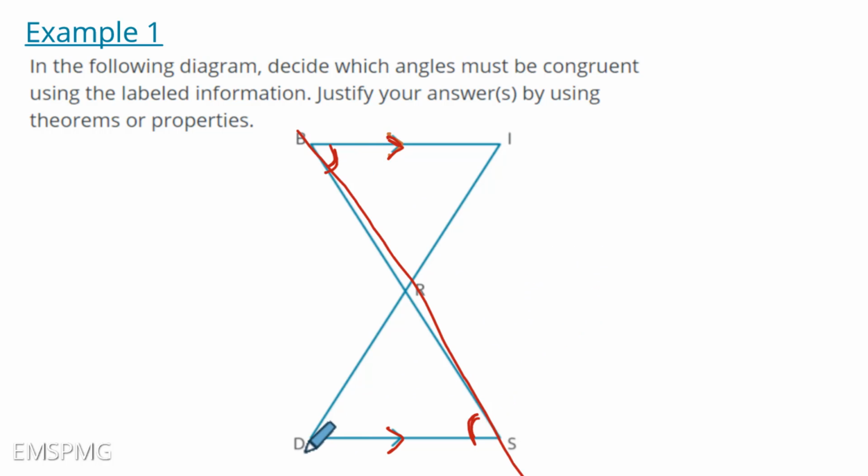And we have another transversal line slicing through here, so we know this angle is congruent to this angle. And then one last one I want to throw at you. We have crisscrossing lines like this. Then this angle is congruent to this angle because of vertical angles. So we know that these two angles are congruent.